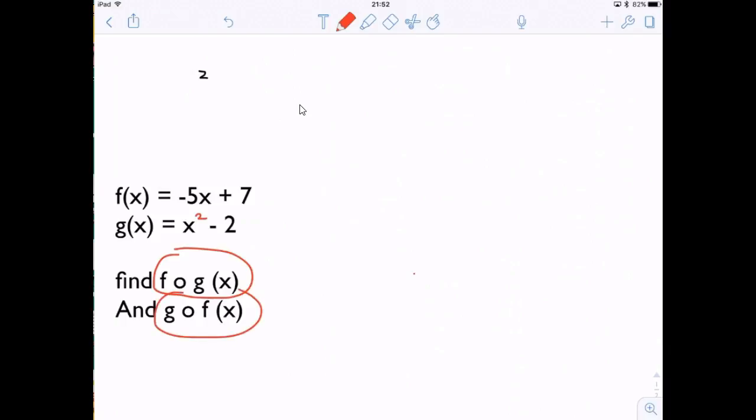First, f follows g. F follows g is the same notation as if you had g inside of the f function. And g follows f is the same as if you had g wrapped around the f function.